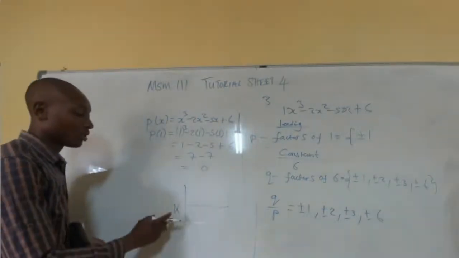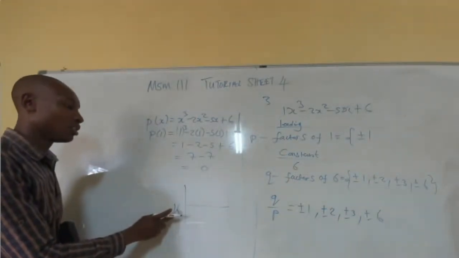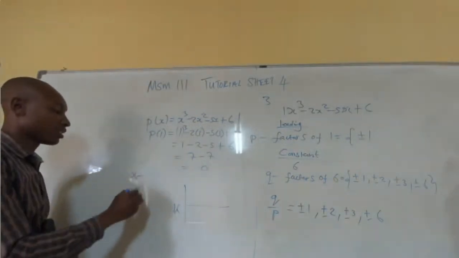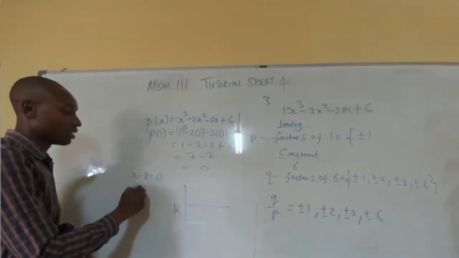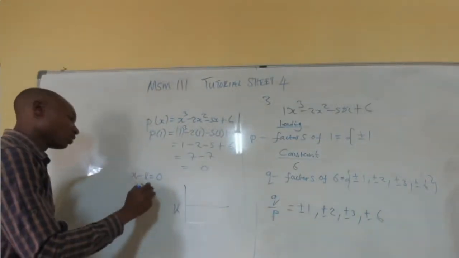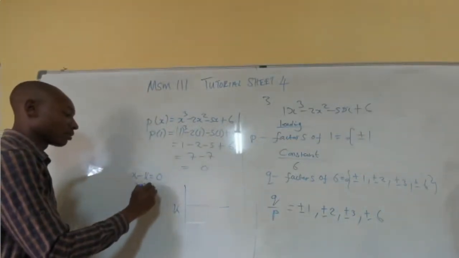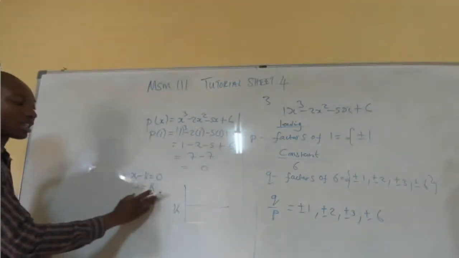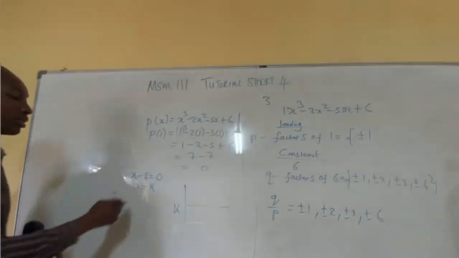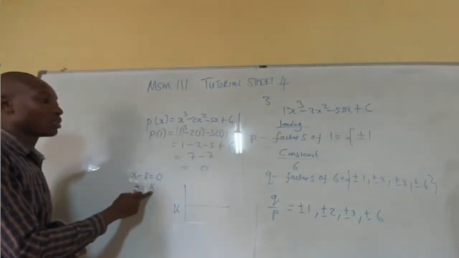So this k here, how did we find it? We said x minus k is equal to 0, then x is equal to k. So this k here is the one that we replace.